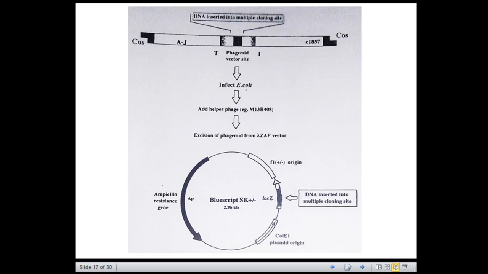So, the nature of these vectors makes them ideal for techniques such as chain termination sequencing, or even in vitro mutagenesis, for the reason that both methods require single-stranded DNA as a source.